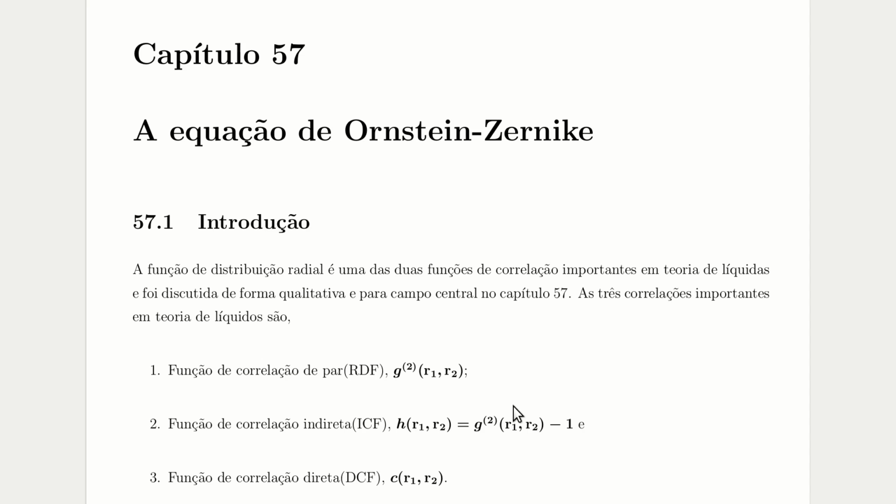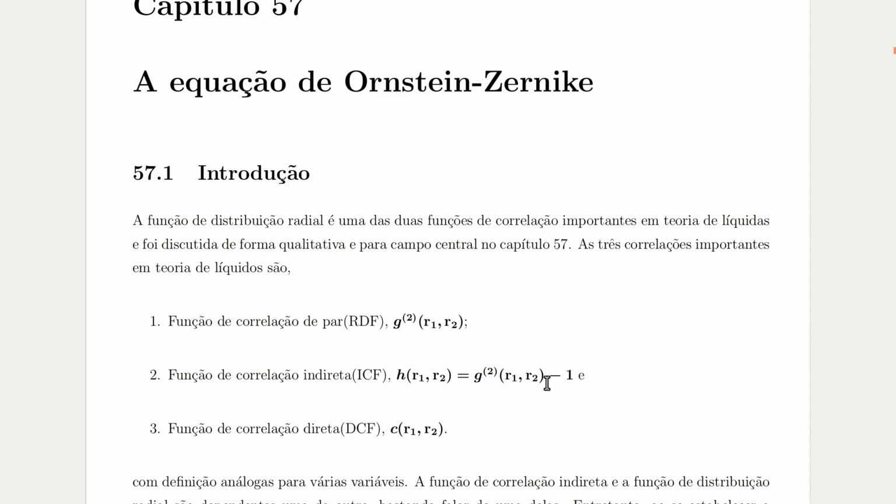One of these correlation functions we have seen before, and that is the radial distribution function, but in the context of the Ornstein-Zernike equation, it has the name of indirect correlation function or the total correlation function, and it is a consequence of what we have seen before, the radial distribution function. The total correlation function is just the pair distribution function minus 1. Pair, in the context here, means that you are treating a central field potential.